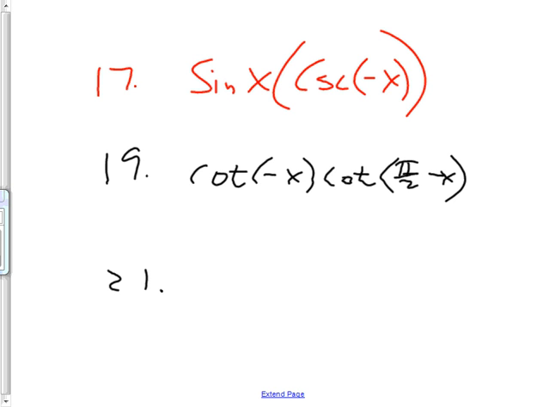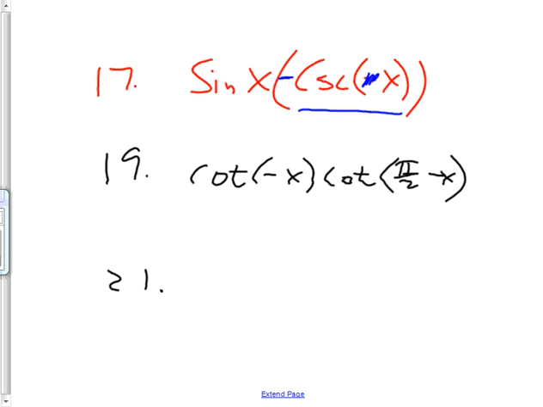So if sine is odd, this will be odd. If this is an odd function, then I can make it negative cosecant of x. And that negative, that's kind of on the inside here instead of being in there, then that negative can come to the outside.